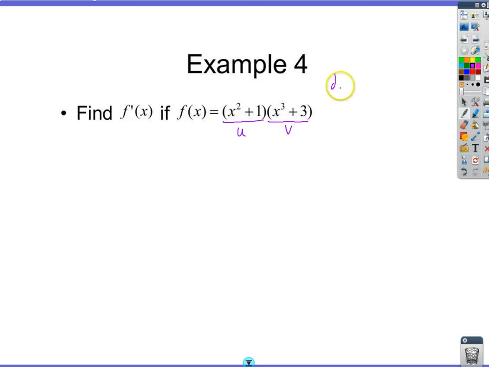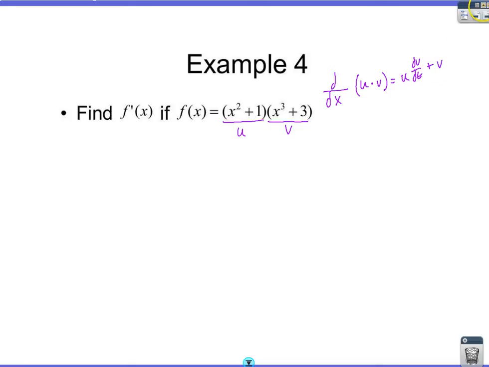If I want to take the derivative with respect to x of u times v, it's equal to u, leave the first one alone, take the derivative of the second, plus leave the second one alone times the derivative of the first. Oh, not t, x. I always like using t's.